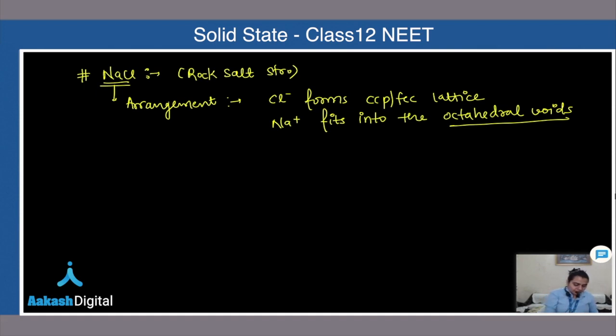Okay, if this is my NaCl, considering pink Cl atoms, these are pink Cl negative ions. So these are forming CCP lattice, means they are present at corners and at the face centers. Yes or no?